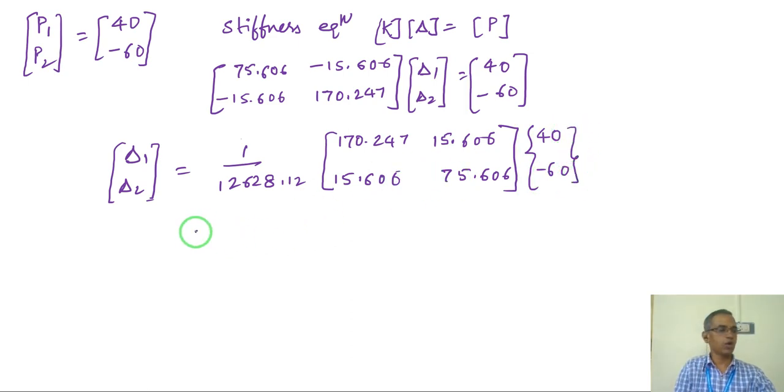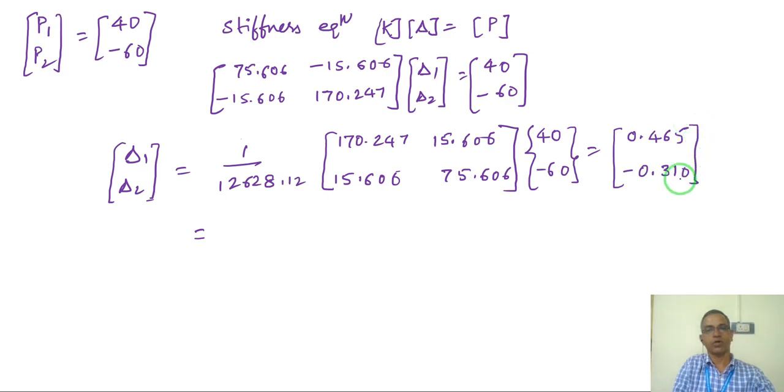So multiplying this all, what I get here is 0.465 and minus 0.310. Our obtained result will be in millimeter. Very important. That's why I mentioned in the beginning that kilonewton and millimeter are the basic units we are assuming here. That means delta 1 is 0.465 millimeter in the right hand side direction, and delta 2 is minus 0.310. That means my assumed direction was vertical, so I am getting displacement downward.